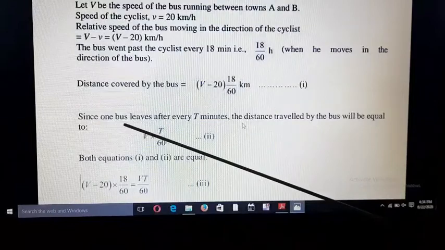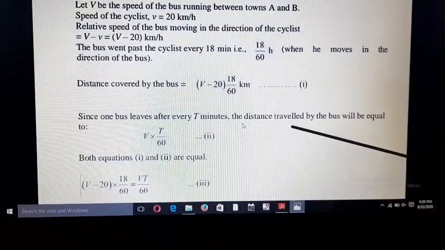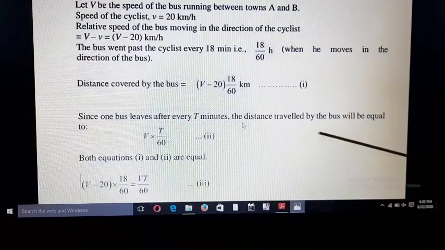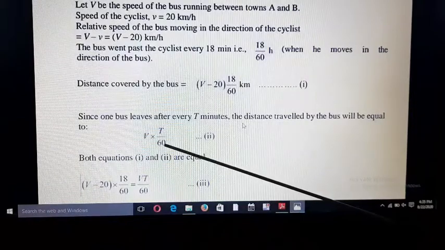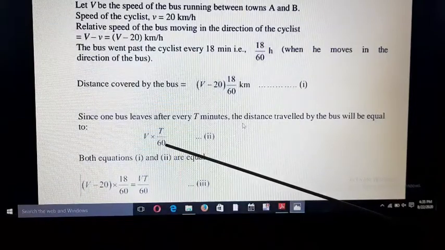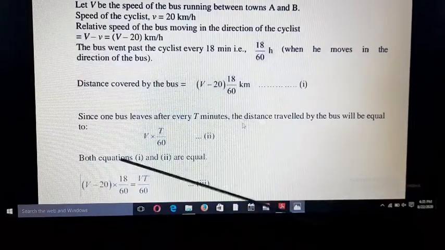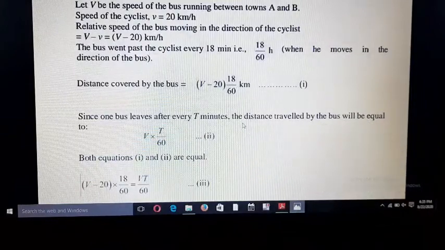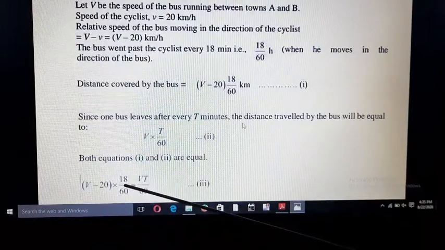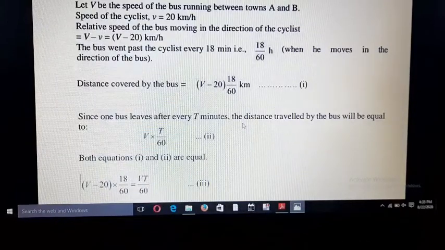Since one bus leaves after every t minutes, the distance traveled by the bus will be equal to velocity into t upon 60, where t upon 60 is the time. So from equation 1 and 2, left hand side distances are the same, so right hand side is also the same. So we can write (V minus 20) times 18 upon 60 is equal to Vt upon 60.